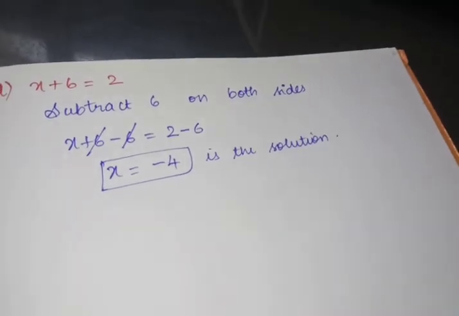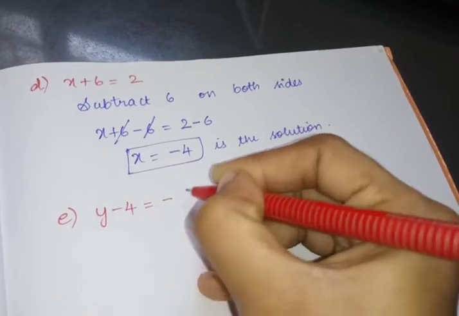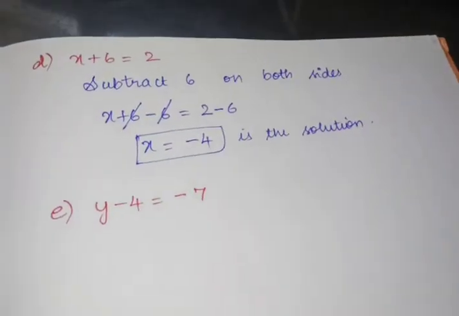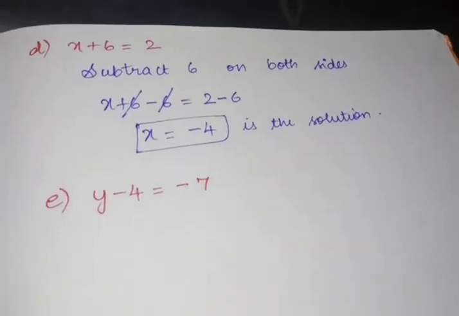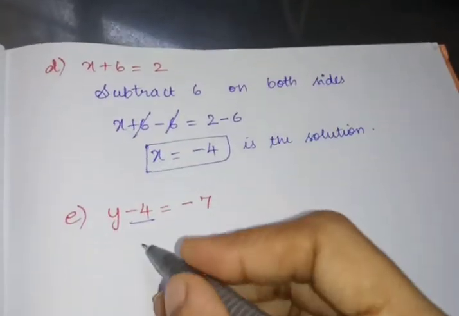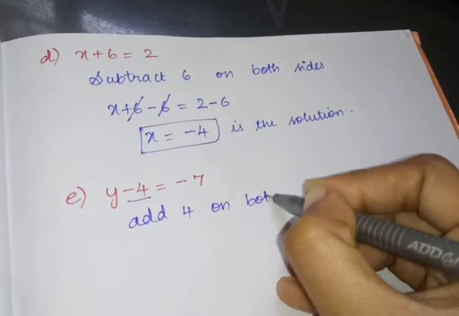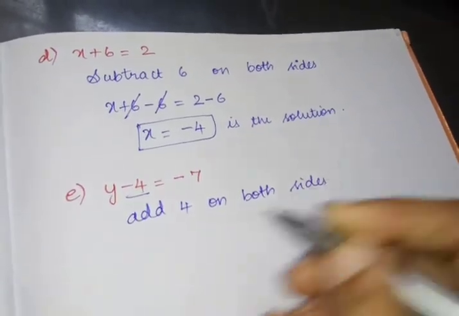Next, E problem. y minus 4 is equal to minus 7. Now we have to eliminate this minus 4. So what will you do? Add 4 on both the sides.